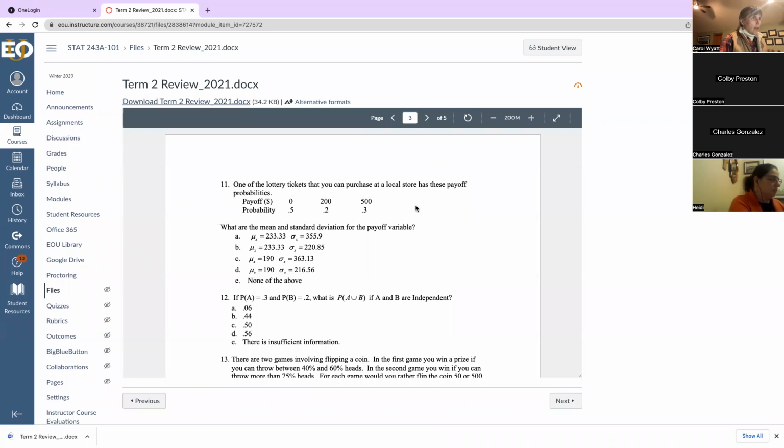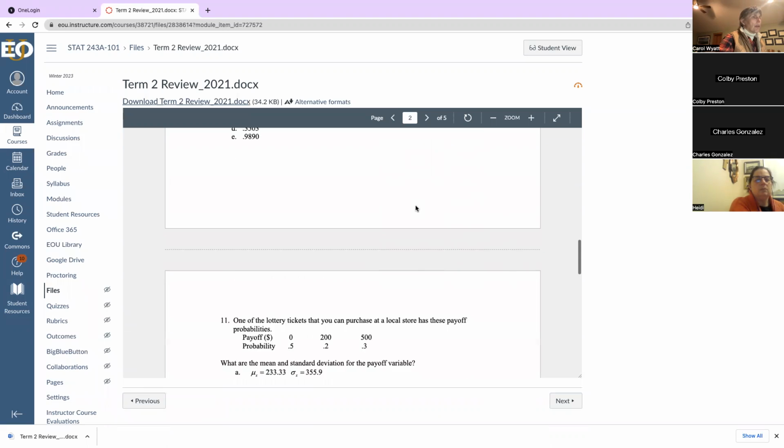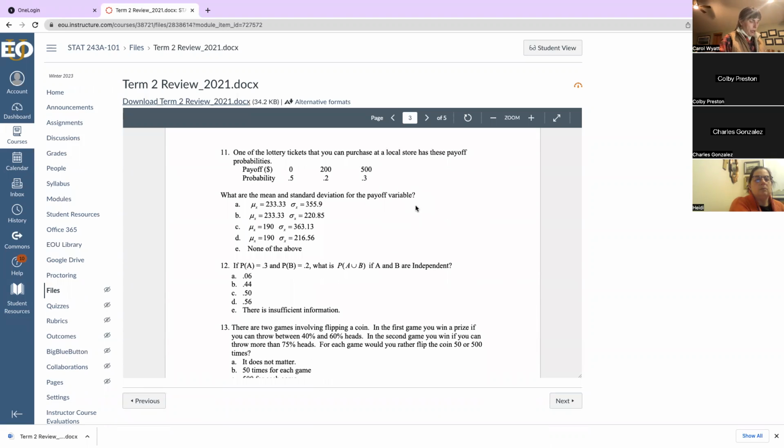So my mean should be, one lottery ticket you can purchase at the store has these payoffs. So 0 times 0.5 plus 200 times 0.2 plus 500 times 0.3.